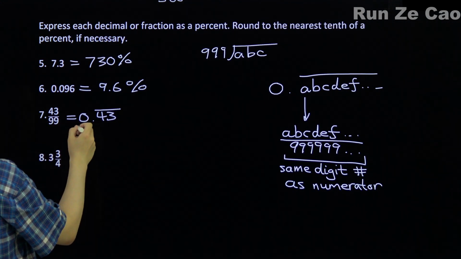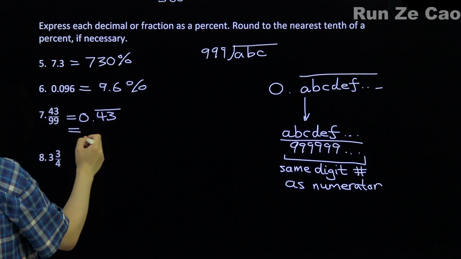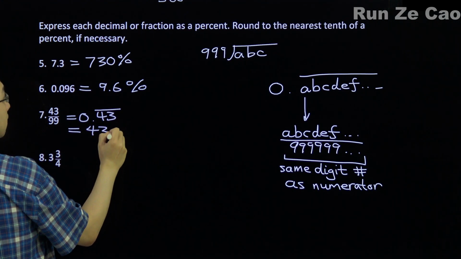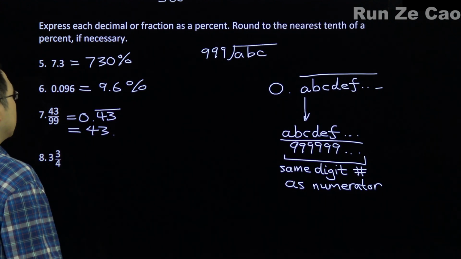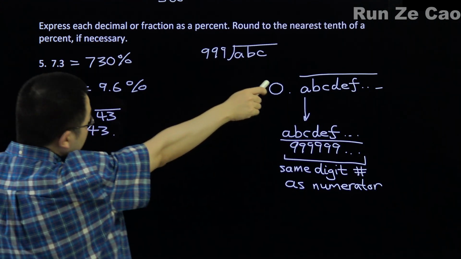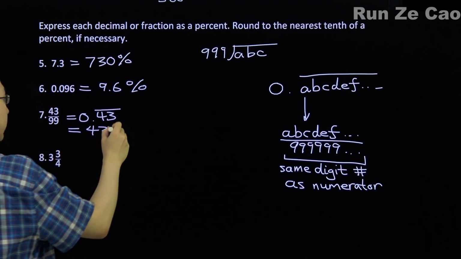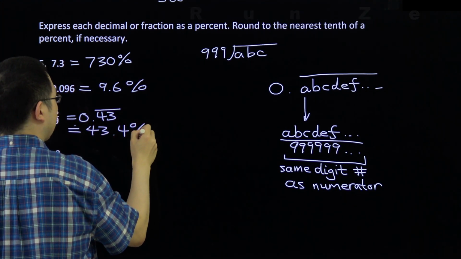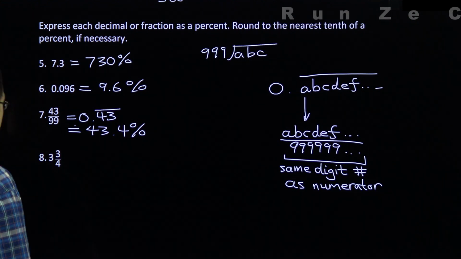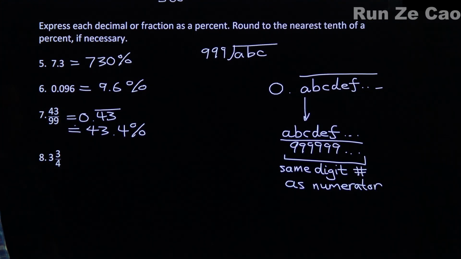So, what's this? This is going to be 43.43 repeating percent. But it says round to the nearest tenth of a percent if necessary, so we end up with approximately 43.4%. Now, number 8, that's 3 3/4.